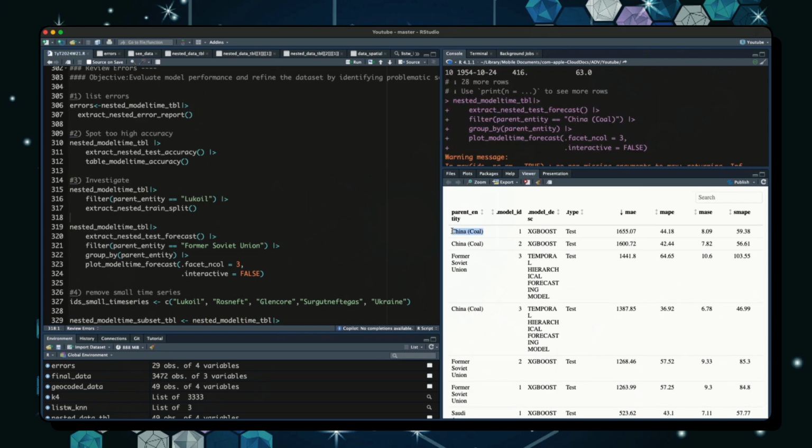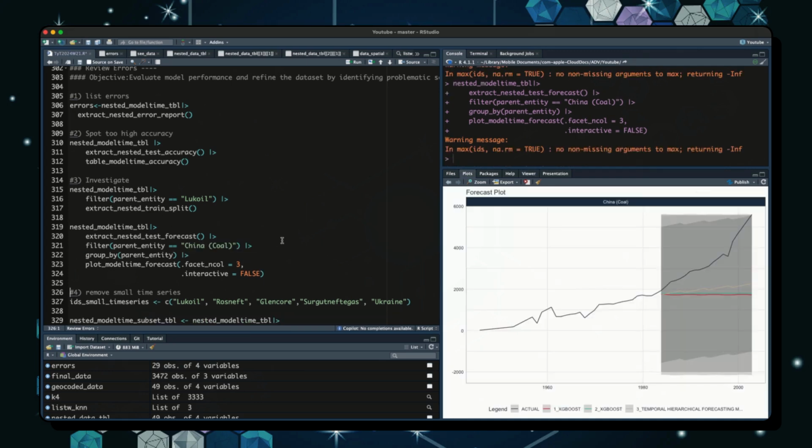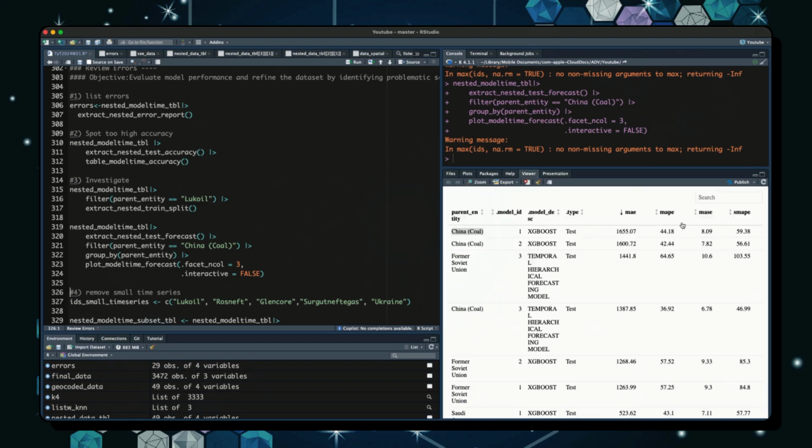If we take a look at this China called parent entity, and we look at this forecast, we can see here that all three models were not really good at predicting the trend of our test data, so the last 20 years. So that explains why there is such a high MAE in our result table here.